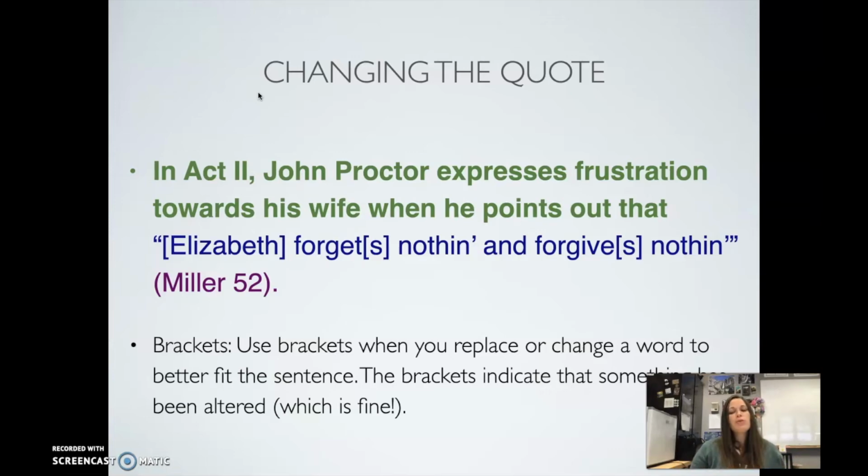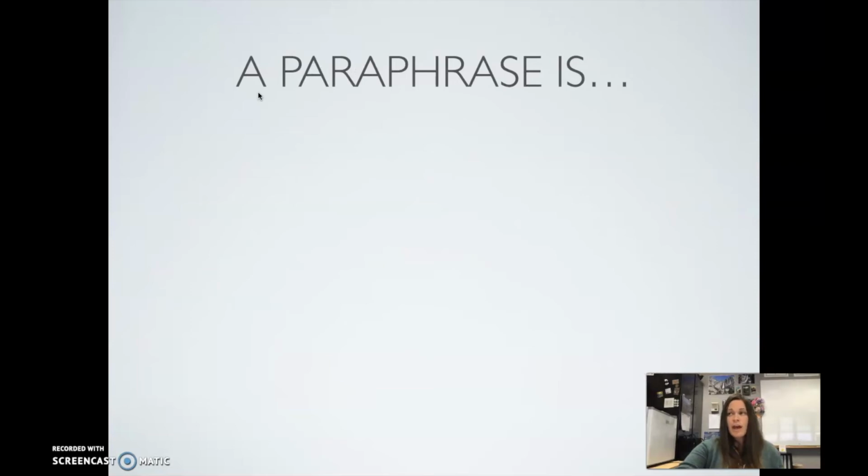You use brackets when you replace or change a word to better fit the sentence. The brackets indicate that something has been altered, which again is fine. If you need to change it in order to better fit your sentence, it's perfectly fine. You just have to let your reader know that you're doing that, and you indicate that through the use of brackets.